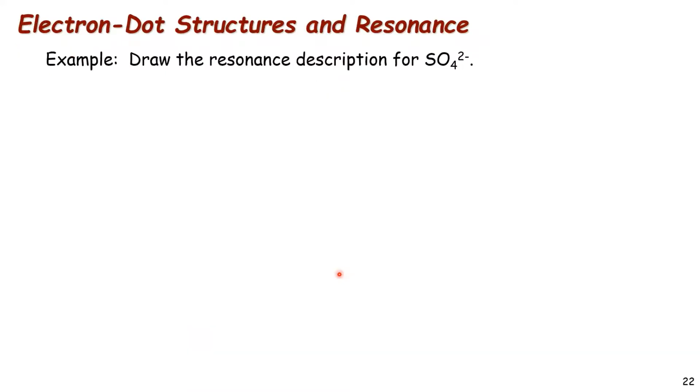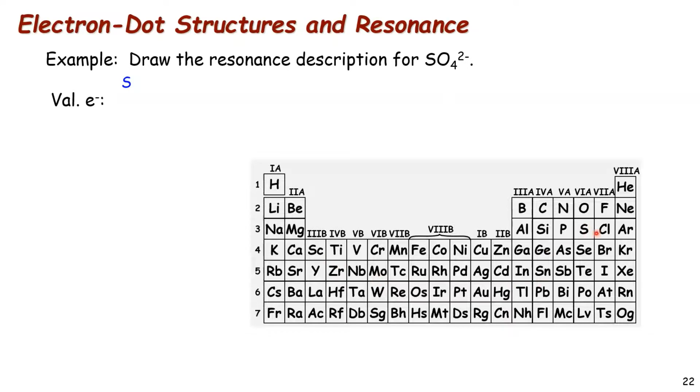Okay, let's try an example. Let's draw the resonance description for the polyatomic ion, the sulfate ion. Okay, so again, first thing, of course, we need to do is to determine the number of electrons that we got to use in this structure. So let's see, sulfur is in group 6. So there's sulfur, and there's just one of them, so 6. We're going to add to that the oxygen.